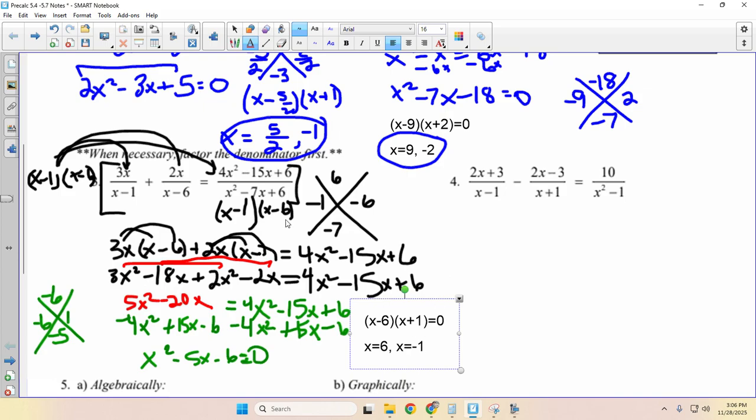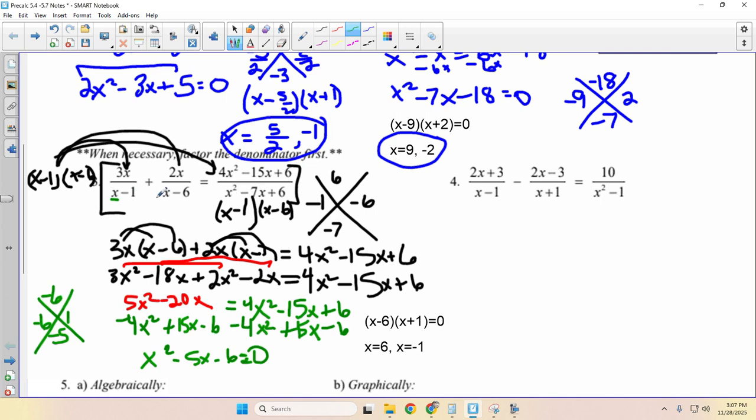Now we check that with x equals 6, x equals negative 1. So we check that with our denominators over here. And we look, if I put in negative 1 here, then negative 1 minus 1 is negative 2. That's not a big deal.